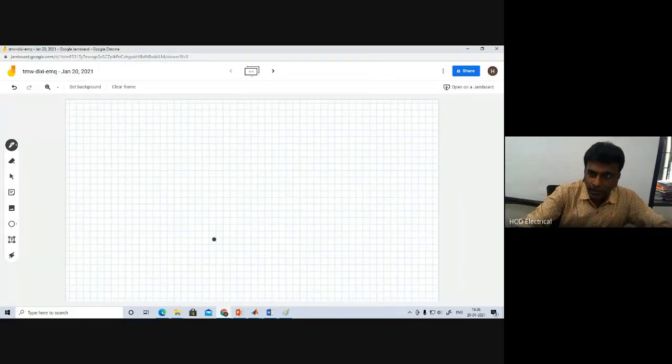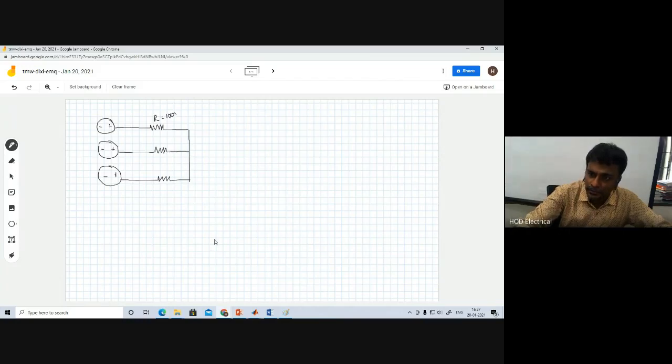Now we have a three-phase supply of three voltage sources, positive, negative, and here positive, negative. Simply I am connecting them to a resistive load of 100 ohm.